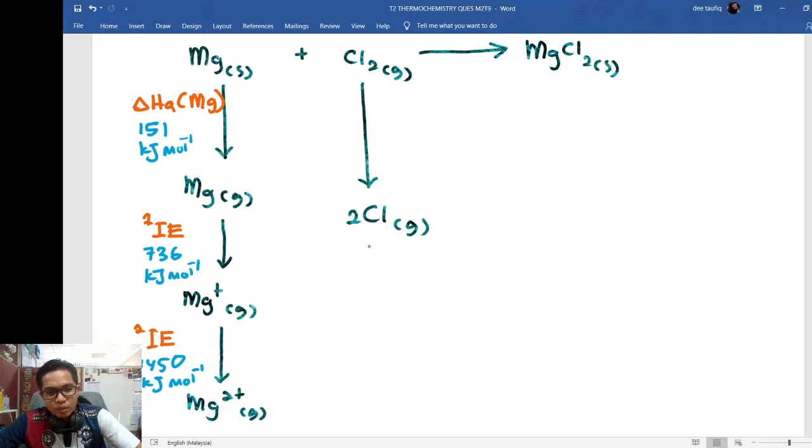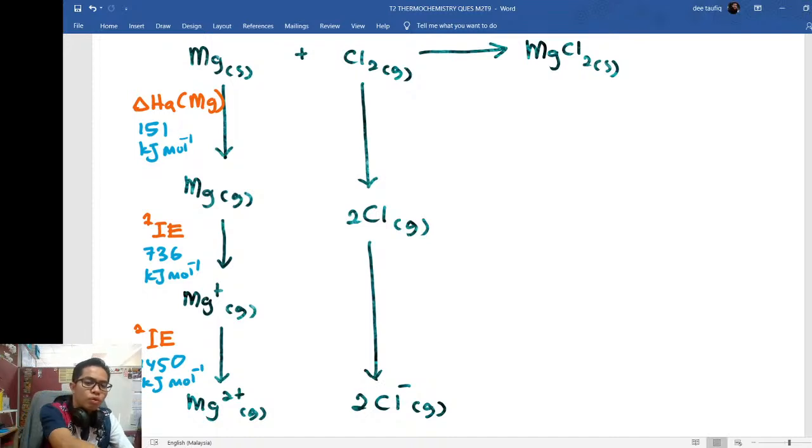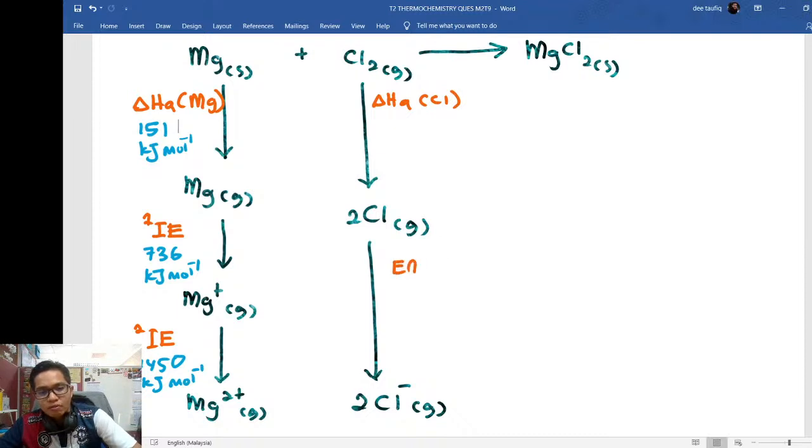And then from 2 Cl atoms straight away going down, we will produce 2 Cl minus gaseous ion. Okay. Then we put in the label. Atomization of chlorine is, labelkan dulu. This is delta HA for Cl, and this is electron affinity for Cl. Okay. Atomization Cl mana? 1 to 1.